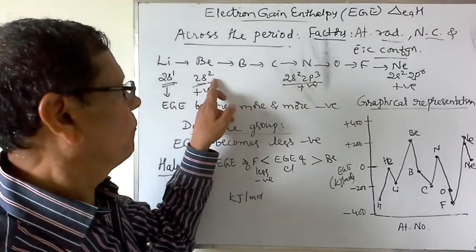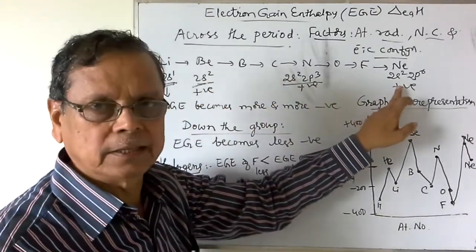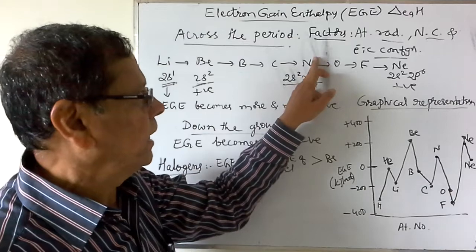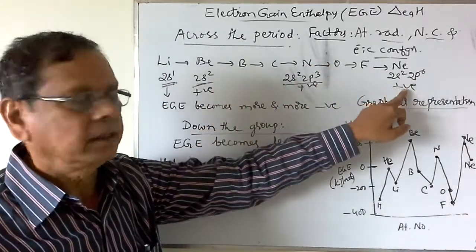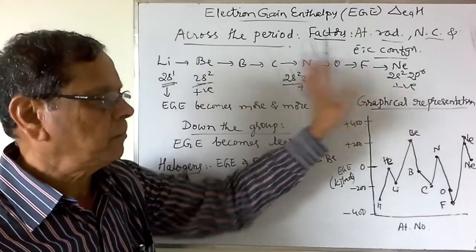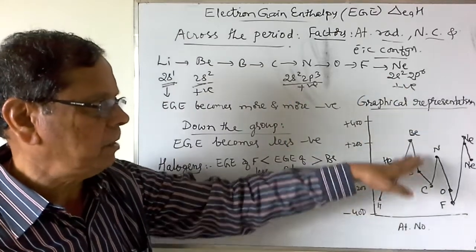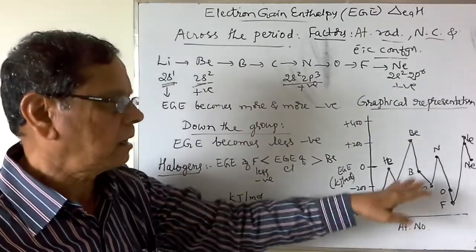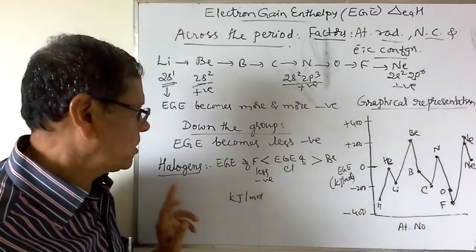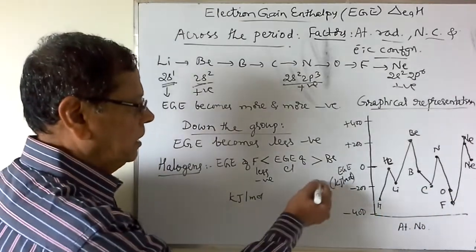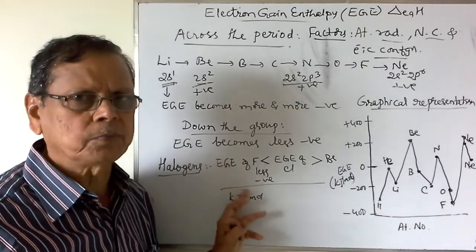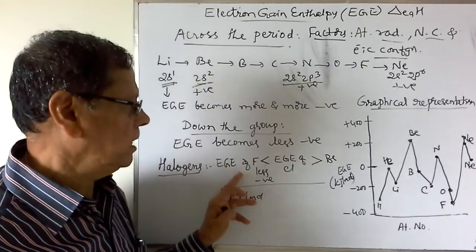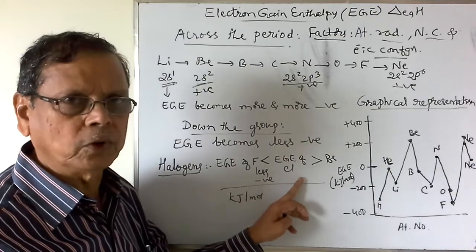Especially in case of half-filled or completely filled configurations: half-filled like the nitrogen group, completely filled like the second and 18th group elements. Except for those, the remaining elements will have a negative electron gain enthalpy. A special case we have to remember is that among the halogens, fluorine has an exclusively smaller size. That's why it has a lesser electron gain enthalpy as compared to chlorine.